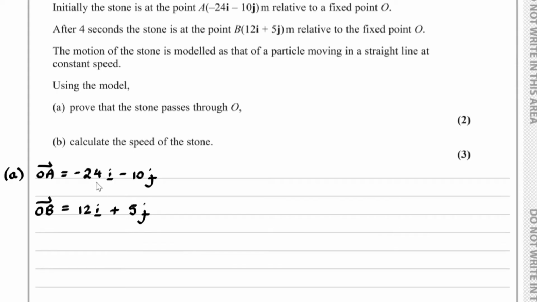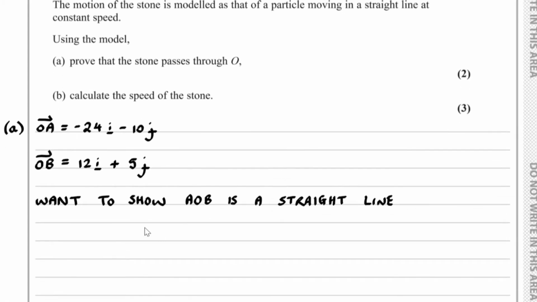We want to show that the stone passes through the origin. So what we want to show is AOB is a straight line.